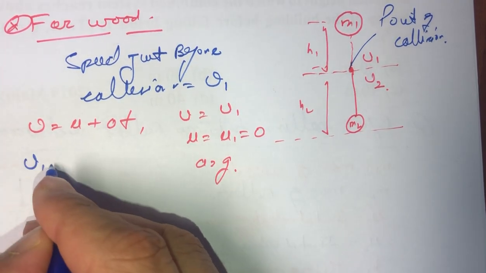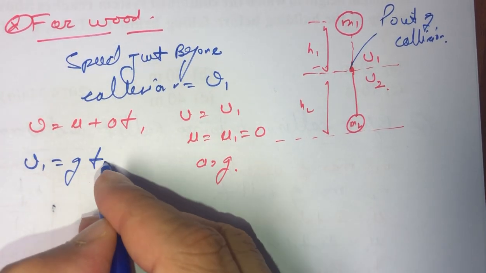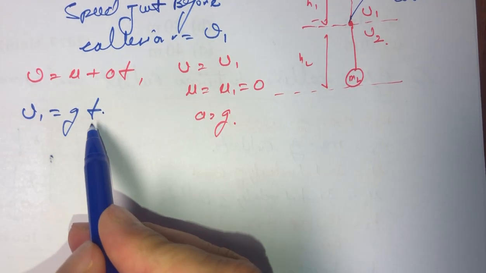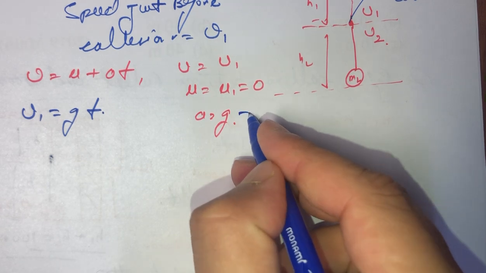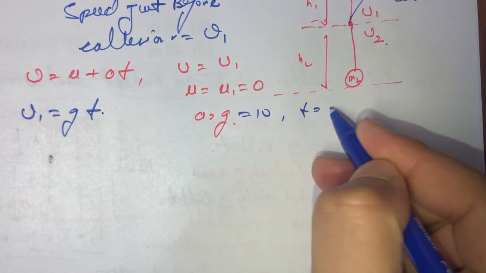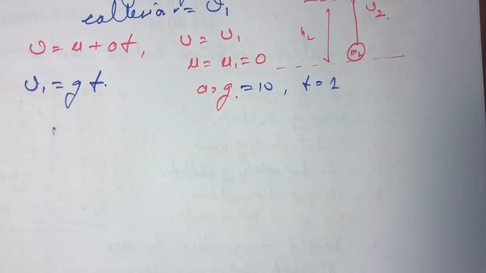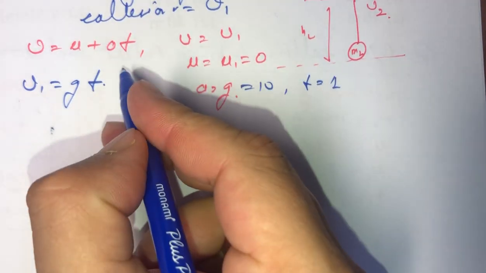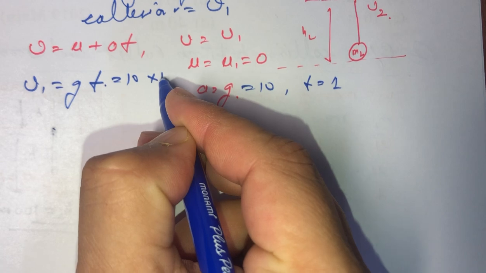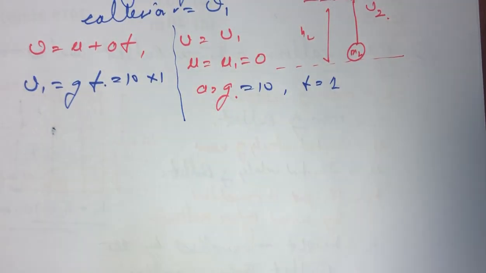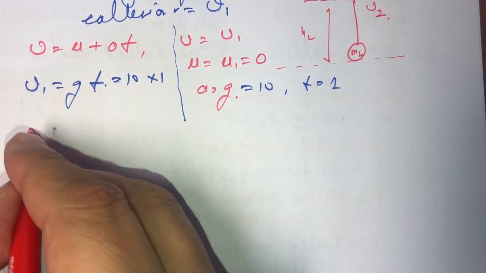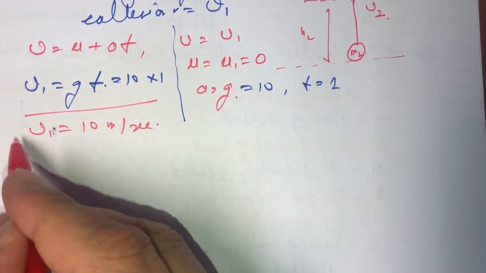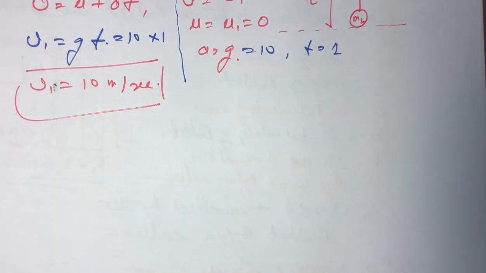So we get v1 is equal to g multiplied by t. g we know is 10 and t is 1 second. Therefore, substituting the values, this is equal to 10 multiplied by 1 and we get v1 is equal to 10 meters per second. So this is the velocity of wood just before collision.